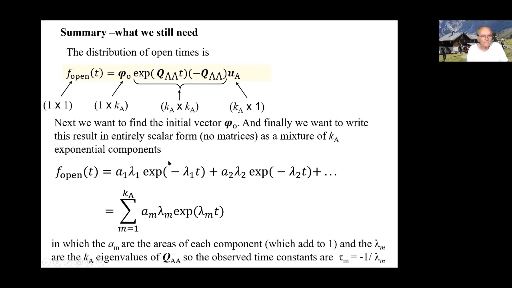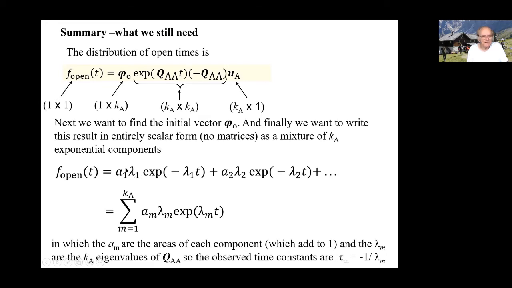This is an exponential distribution with a rate constant lambda 1; minus 1 over lambda 1 gives you the time constant for this distribution. This is the second exponential component with a different time constant, minus 1 over lambda 2, and so on for however many open states there are. Each of these individual exponential distributions, of course, has an area of 1.